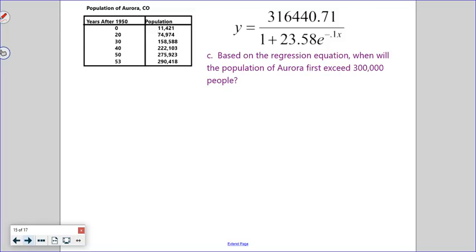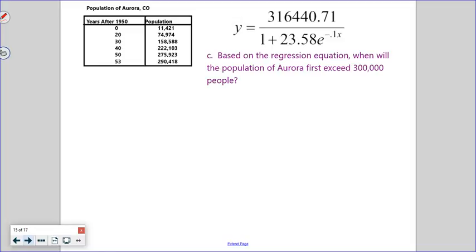Last question I'm going to ask you about this particular problem. Based on the regression equation, when will the population of Aurora first exceed 300,000 people? Where does 300,000 go? The y. Okay, I told you this was happening 3 times today, didn't I? This is your 3rd time. Set it equal to 300,000.